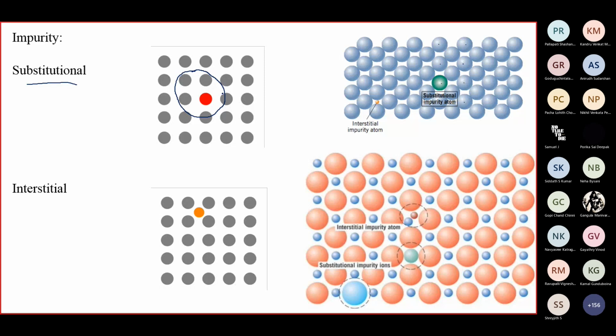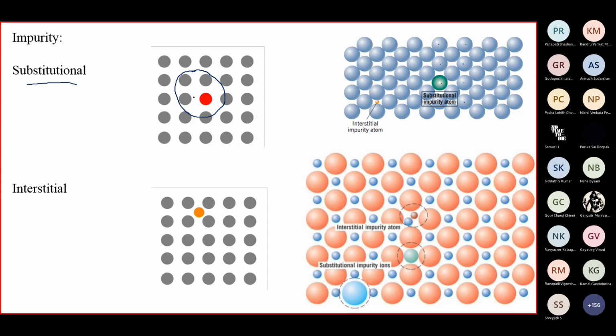The energy distribution will be different. Point number two. This element which is here may be smaller than the host atom, or it may be bigger than the host atom. Both are possible.